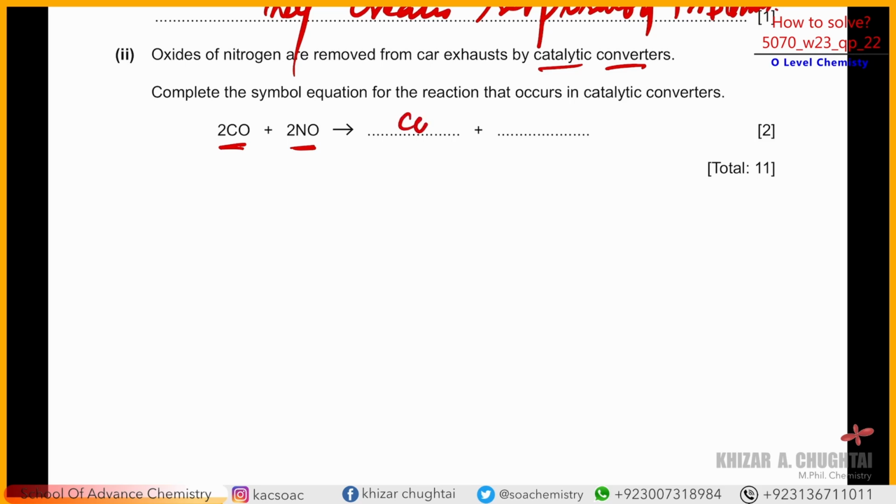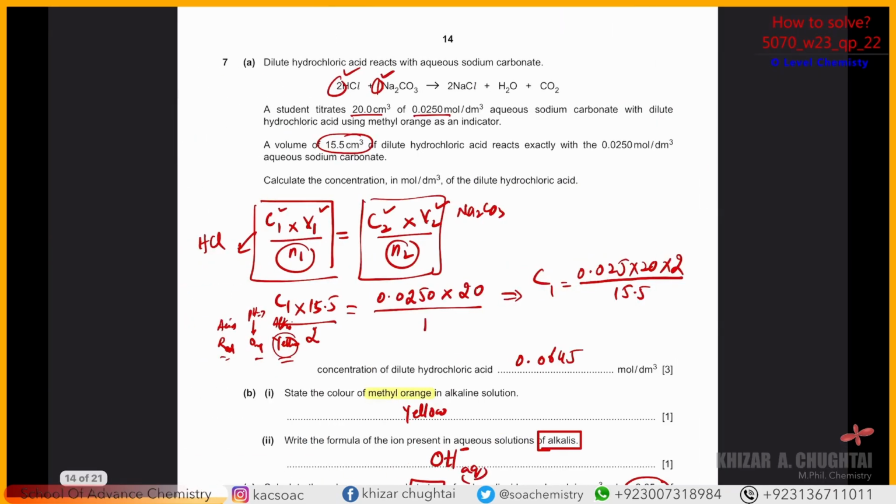The outcome is CO2 and just N2, two less harmful gases, or environmental friendly gases respectively. So I'm going to put 2 over here for the sake of balancing, and this is the balanced equation. So that's all about this question number 7.